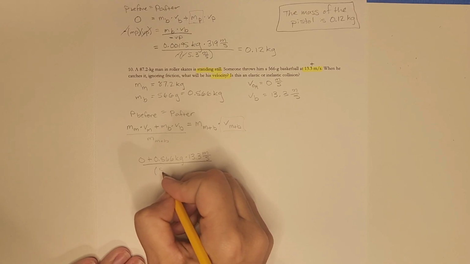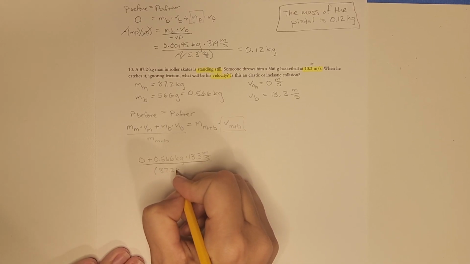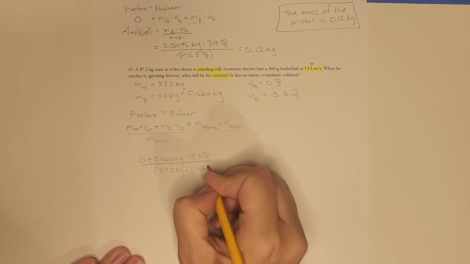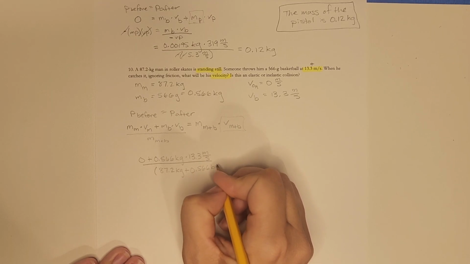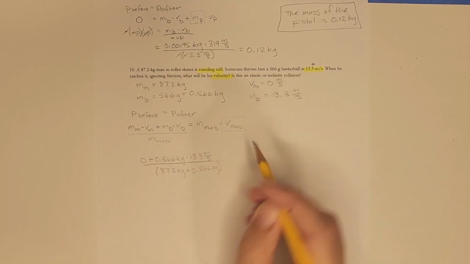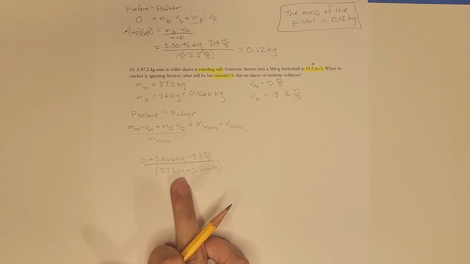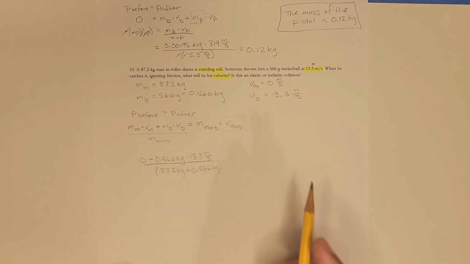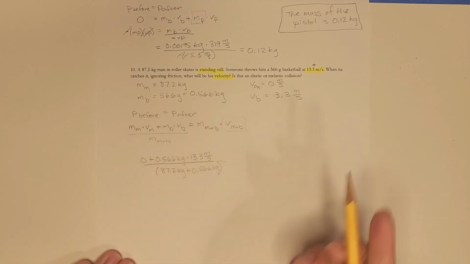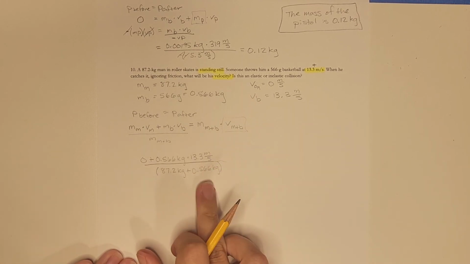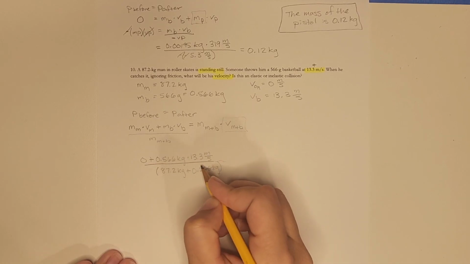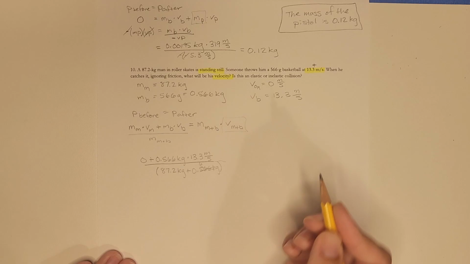So we're going to be adding 87.2 kilograms plus 0.566 kilograms. Now, remember here are rules for addition and significant figures, right? So we're going to the least precise digits. So that's only to the tenth place. And so we're actually going to be adding 87.2 plus 0.6.